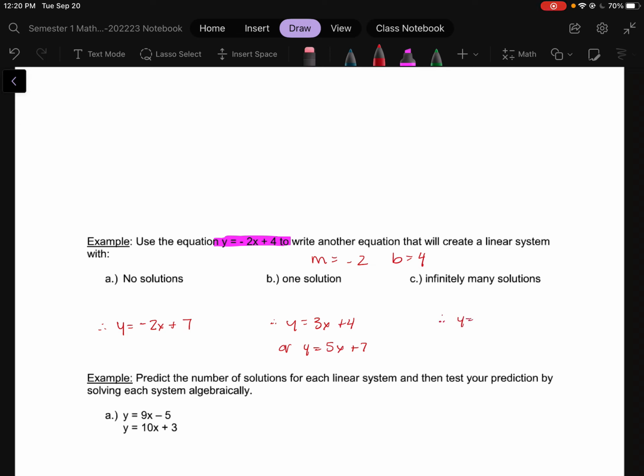Therefore, we will say y equals -2x plus 4. This is a multiple, so we have to multiply this by, for example, 2. Then we'll get 2y equals -4x plus 8. So this is many different solutions. Always make sure that we're having multiples for our many different solutions.